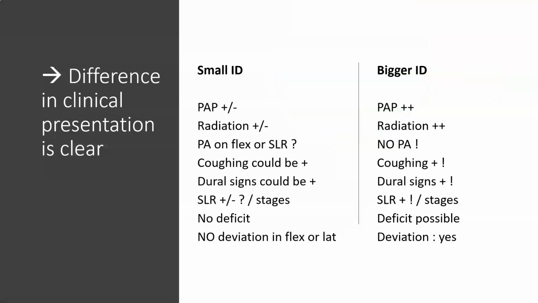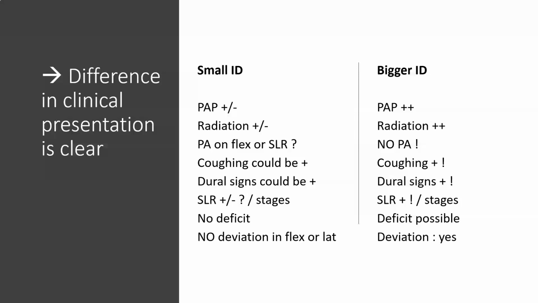And this is in fact the most important slide when it comes to internal derangement. We put the puzzle pieces together. What's the difference between a small internal derangement and a bigger one? Well, of course, both of them we see a partial articular pattern. But with the bigger one, there's more pain, more limitation of movement.